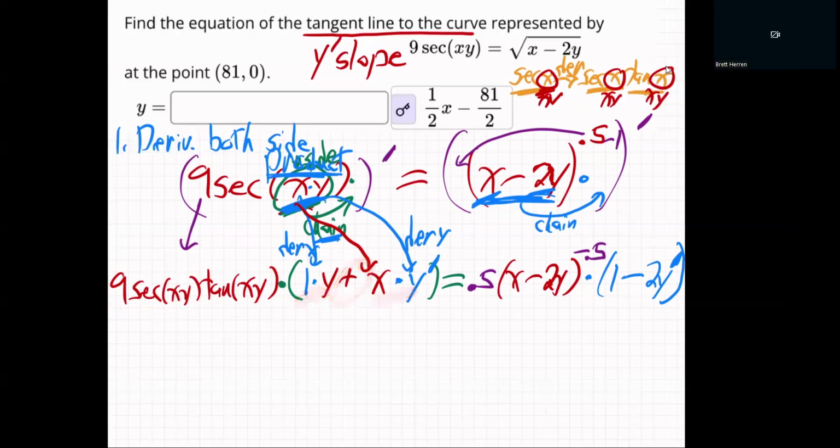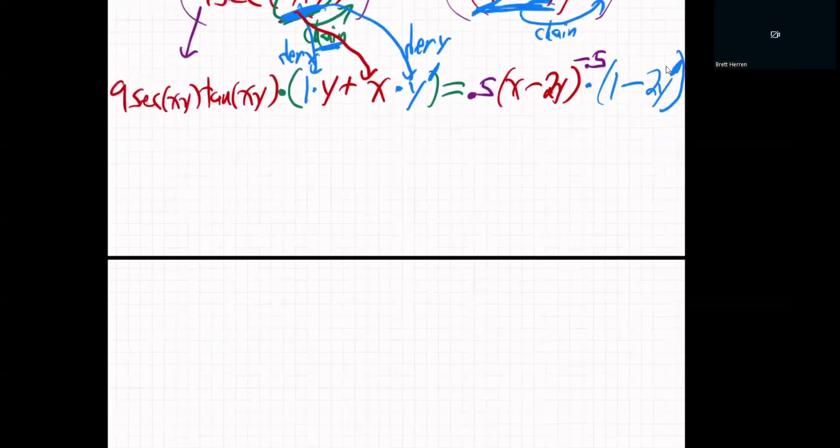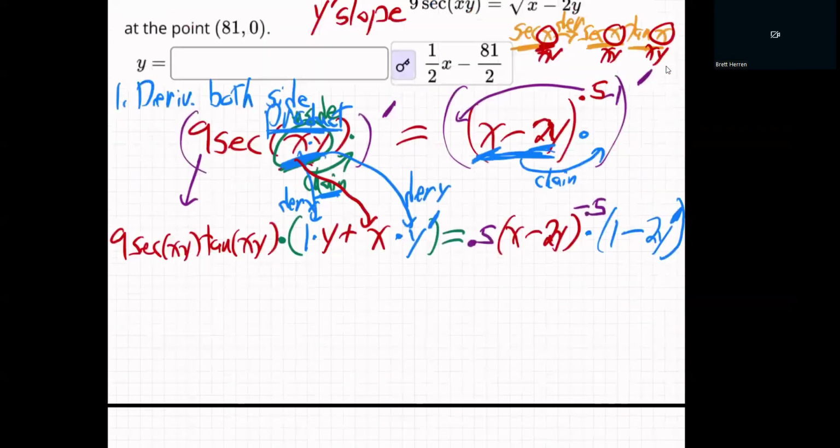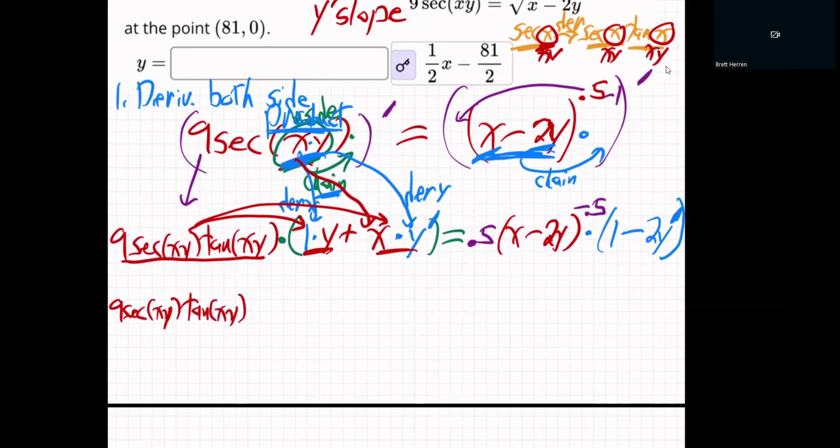Right? So let's just start with that side. That means, yeah, this is going to be a really bad one. So that means this whole 9 secant xy tangent xy is going to go boom and boom to hit this term and that term. It's going to get even uglier. 9 secant xy tangent xy times y, right? 1 times y is just y, plus.